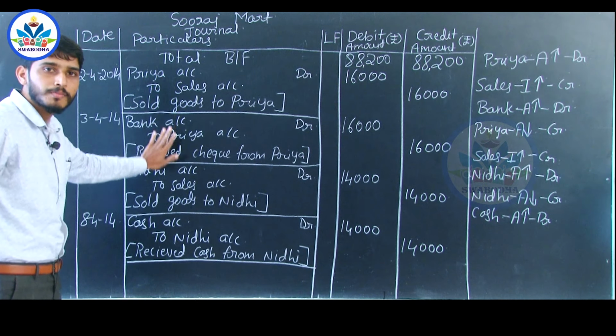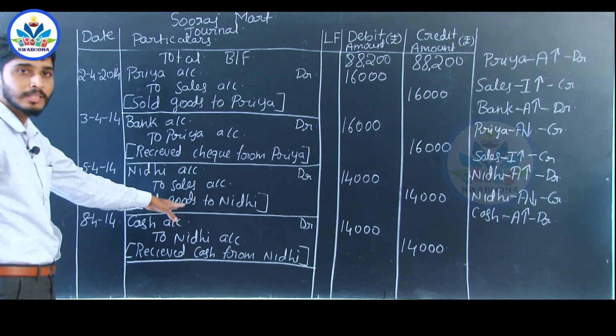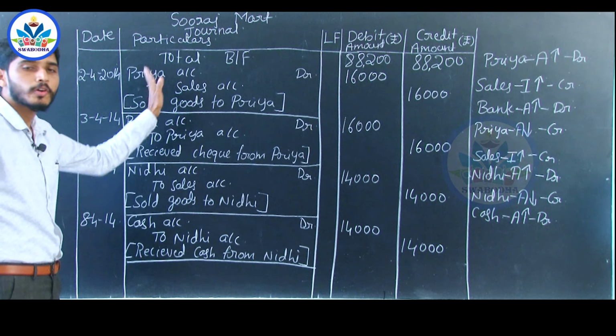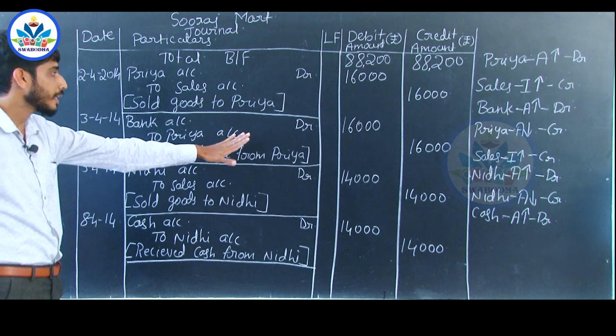The page of the journal book has ended. That means you have to again calculate the total, carry forward the total to the next page.